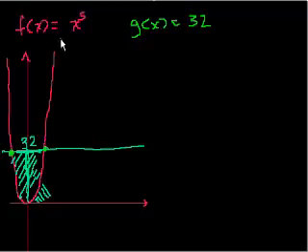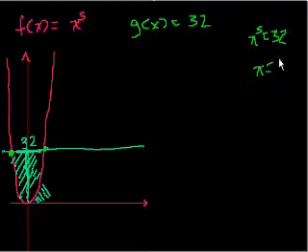So when does x to the fifth equal 32? You could solve it algebraically, but I think you could say x to the fifth equals 32, x is equal to 2. And actually, you know what? I made a mistake.